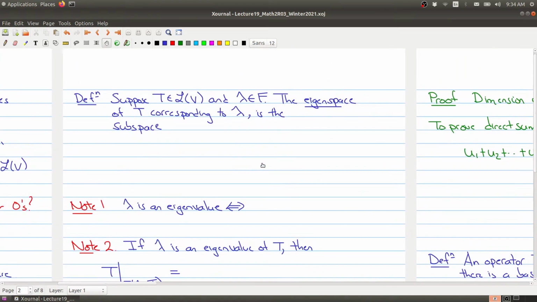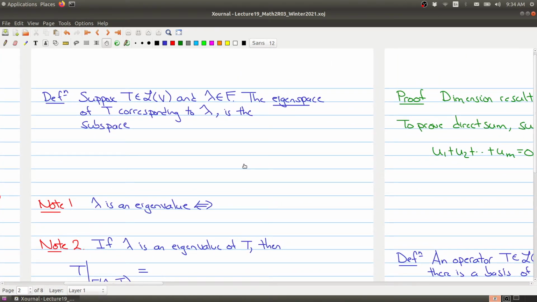To tackle this problem, we need to introduce the correct subspaces of our vector space. Whenever you have a linear operator, you get lots of subspaces corresponding to it, and now we want to look at subspaces corresponding to eigenvalues. In the definition, we have a linear operator T and a number lambda, and we're not putting any restriction on this number.